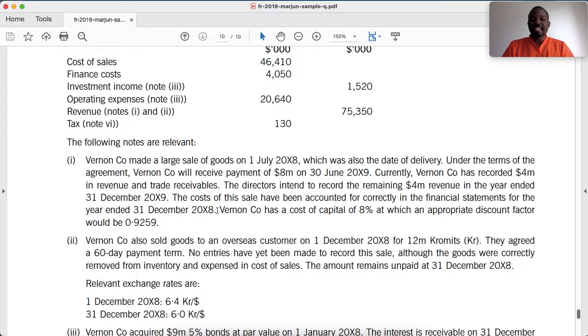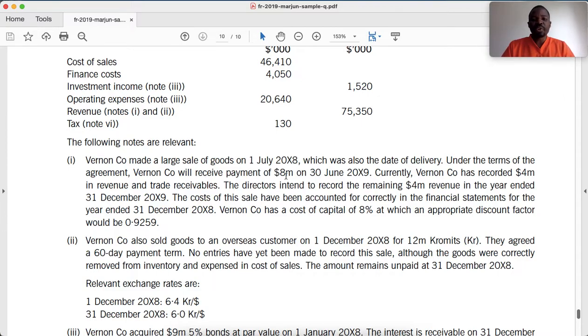So the exam technique: you have to work note by note, opening a working for each and every note. Now let's go to note number 1. We are told here, Vernon Co made a large sale of goods on 1 July 20x8, which was also the date of delivery. Under the terms of the agreement, Vernon Co will receive payment of 8 million on 30 June 20x9.